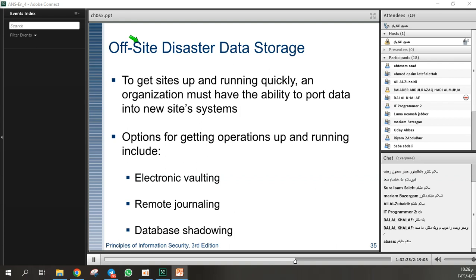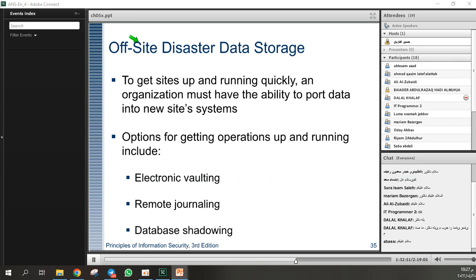Okay. One more important thing. How can I keep my data storage? My data storage is the main and most important part of my assets in information security.